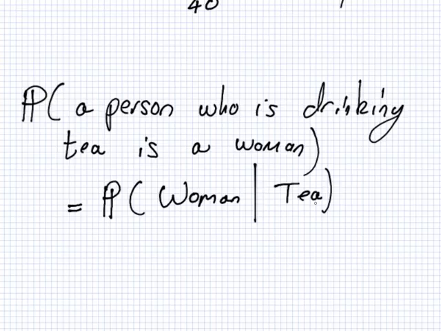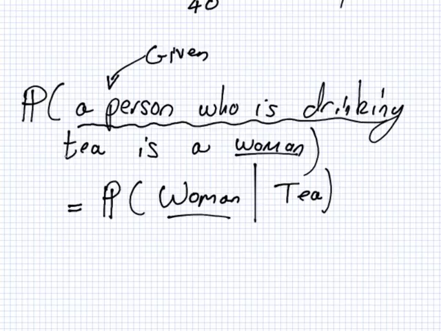So we have to be very careful with the English here. Although woman is at the end, it's actually at the start in here, because this is what we are given. A person who is drinking tea is a woman. I know it seems like it's backwards, it's the probability of a woman given that they're drinking tea. You know that they're drinking tea. Is this an English thing or a maths thing? Tell me what you're thinking. Only woman, that's right. So you're thinking that a person who is drinking... Right, okay.